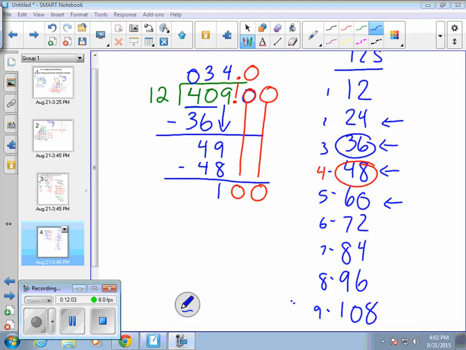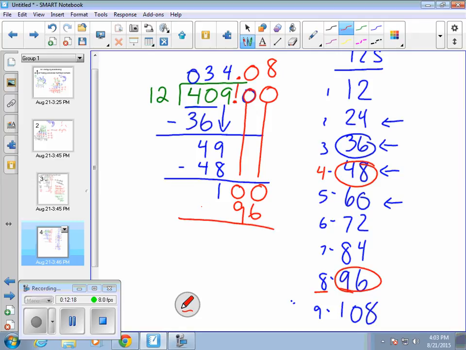I can look back over to my list and find the number that's closest to but not over 100, which is the number 96. That's 8 times 12. I put that up top, write down 96. I'm going to subtract and I get 4. Now notice again I could add a 0, bring it down, gives me 40, bringing me right back to 3 times 12, which is 36.